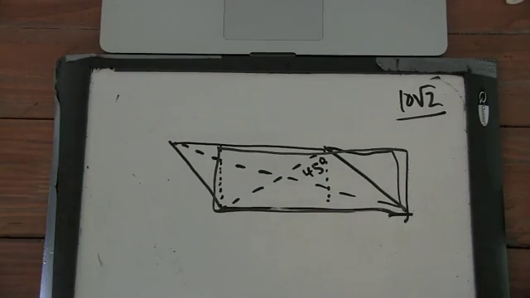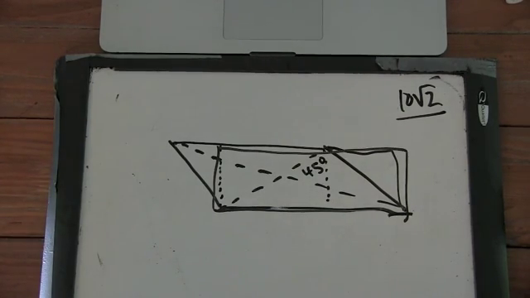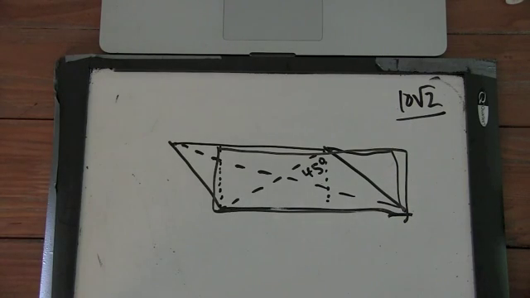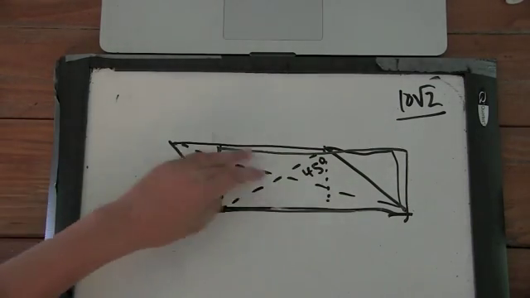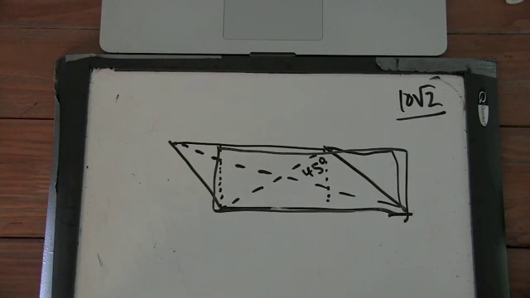Well, we don't know the base and the height. That's the tricky part. We do have some similar triangles here, but we don't know anything about them really. We don't know any of these side lengths.